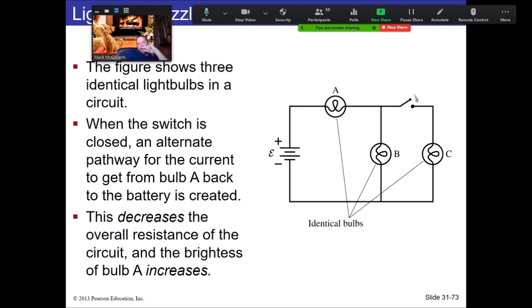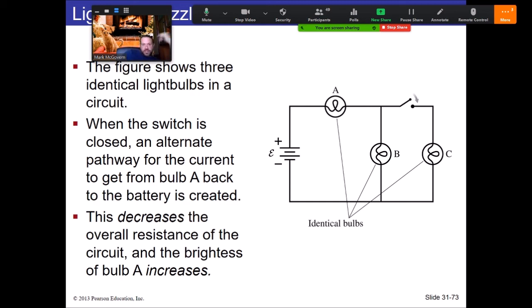The reason why is because, say these are all identical. When A and B are connected in series, we have a certain current coming out. Let's just say the resistance of A, B, and C are all 1. So the current comes out of the battery, goes through A and goes through B. The overall resistance would be 2. Now, if we close the switch, the overall resistance of the entire network becomes 1.5, because B and C will combine together to have a resistance of 1/2, because they're in parallel.